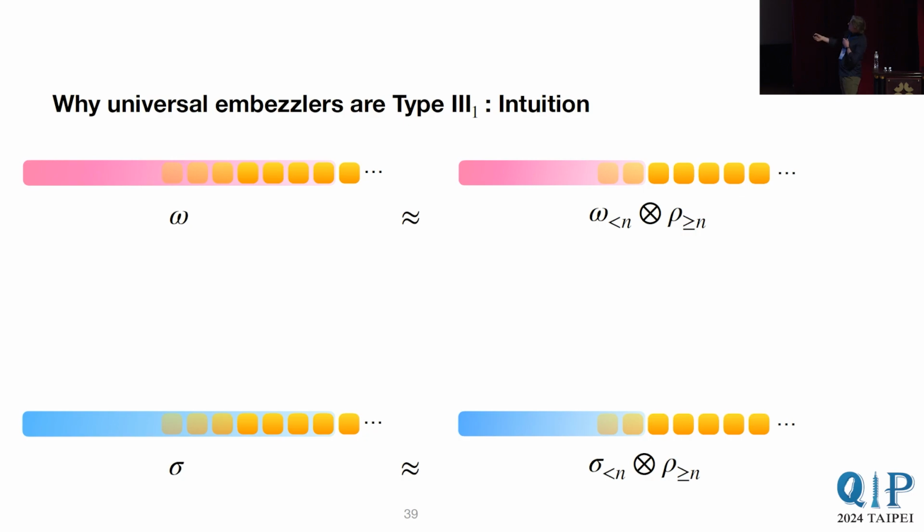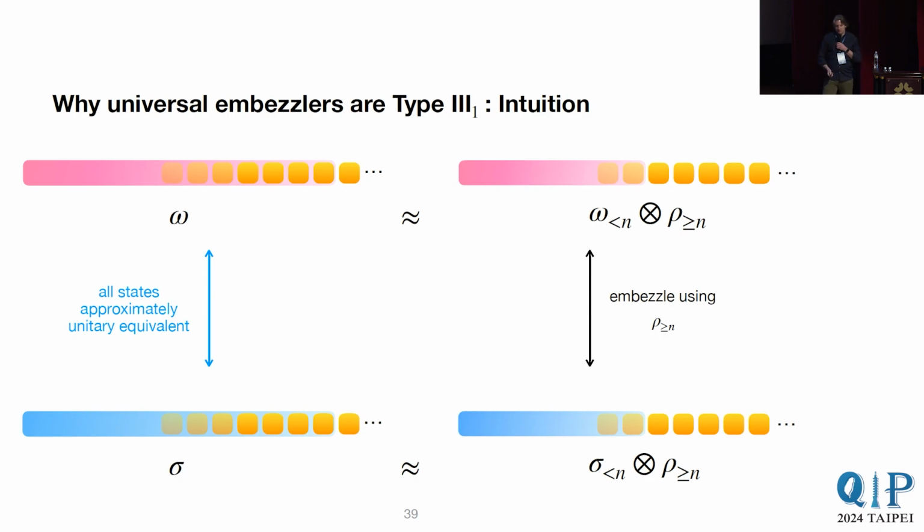But now, since we assumed that our algebra is universally embezzling, we know that these states here are embezzlers. Now we can just choose unitaries which map these arbitrarily close to one another. So this provides us an isomorphism here. Just closing the circle, we obtain that omega and sigma are actually unitarily related. So nothing easier than that in the spin chain case.